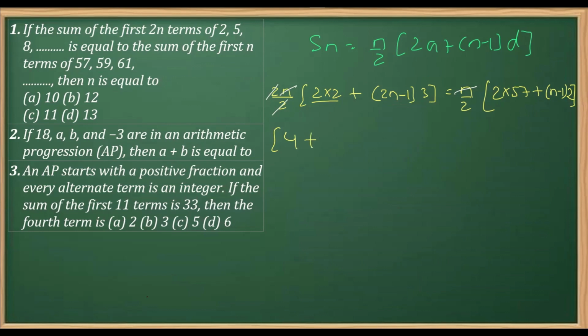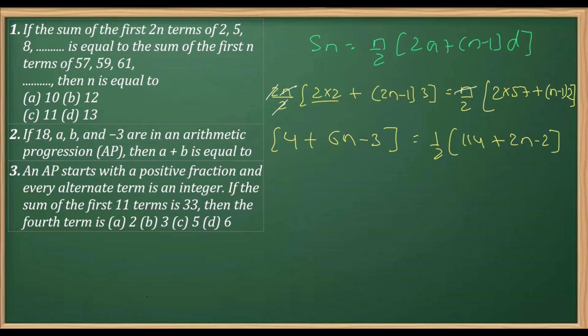So 3 into 2n is 6n, minus 3 into 1 is 3. And that divided by, this half is left over here. This is 2 into 57, which should be 114, plus if I open this bracket, it's going to be 2 times n minus 2 times 1.